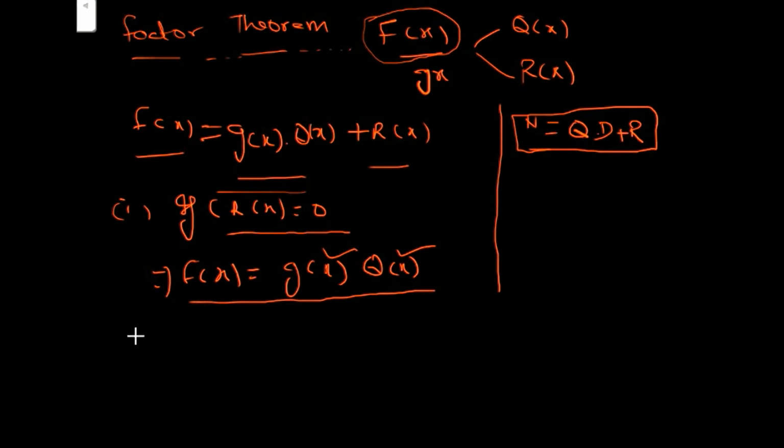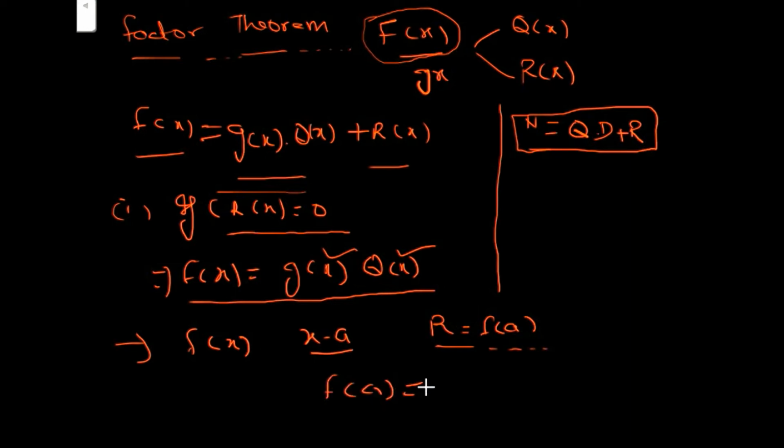Now, from what the remainder theorem states, if I divide f(x) by x minus a, then the remainder is equal to f(a). This is the statement of the remainder theorem. So if I replace this g(x) by x minus a, then f(a) will be equal to 0.